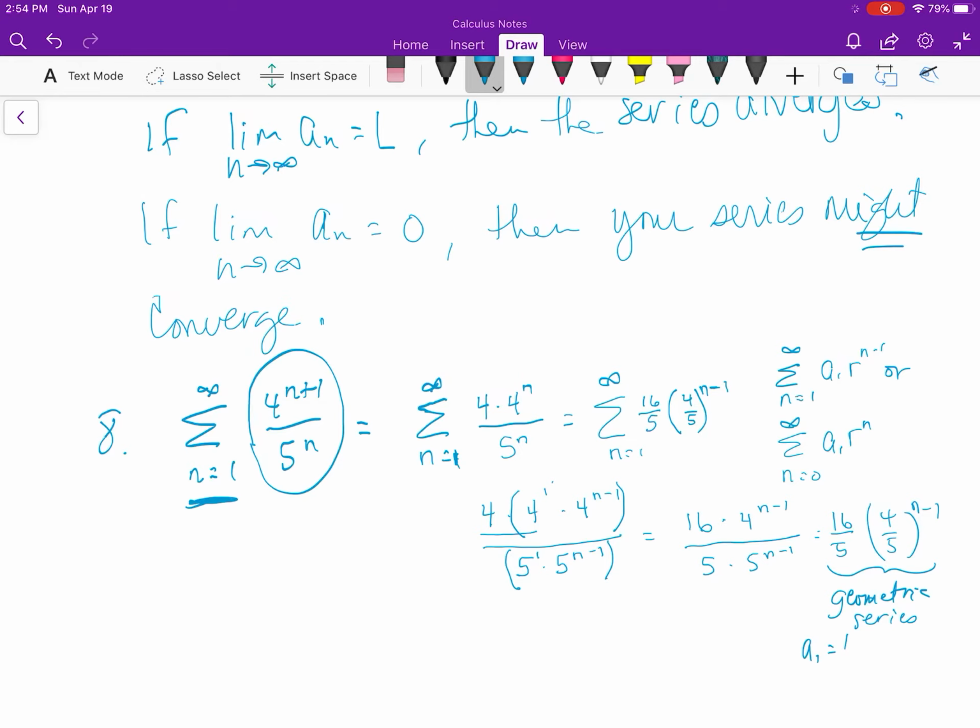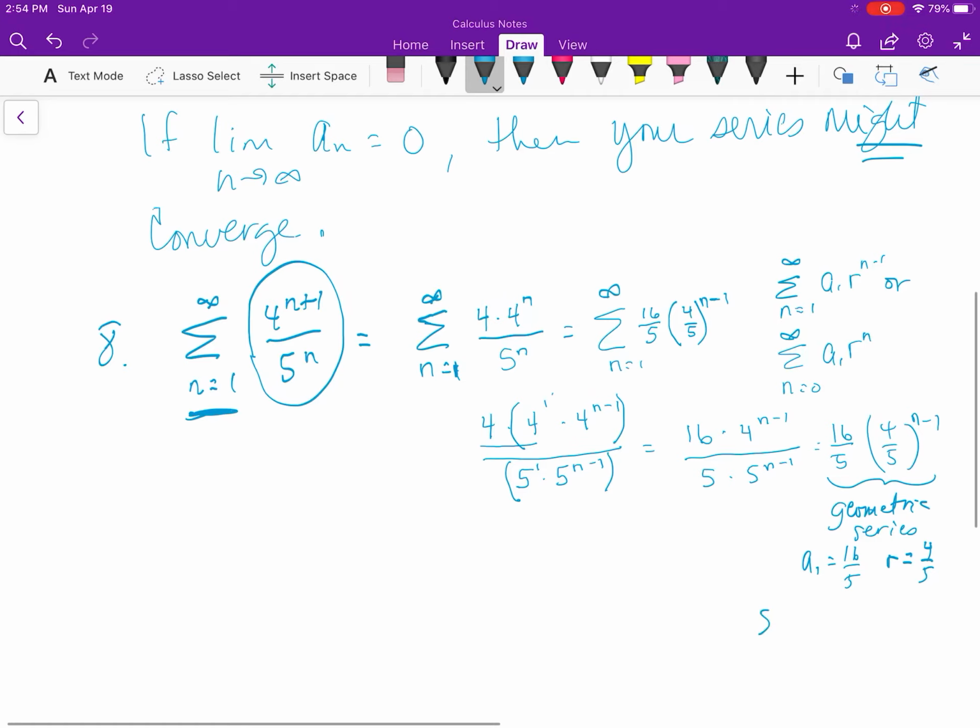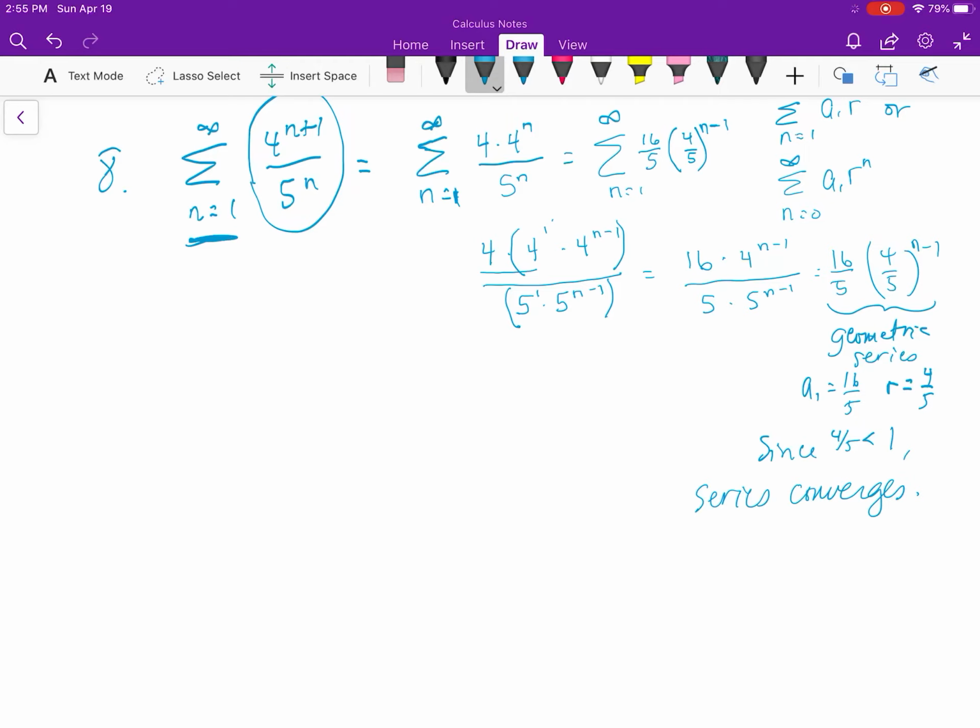We wanted to get to that point because now I have a geometric series, going from n equals 1 to infinity, where a sub 1 is 16/5 and r is 4/5. Since 4/5 is less than 1, the series converges.